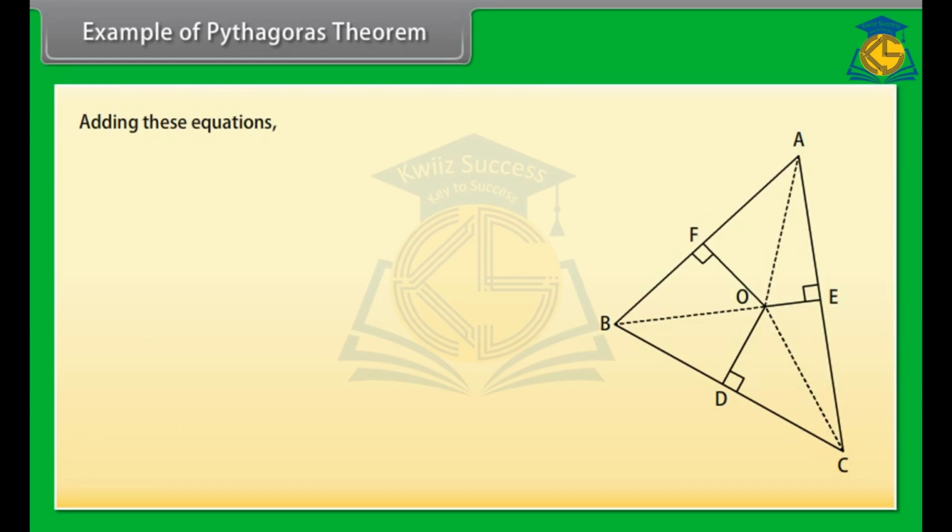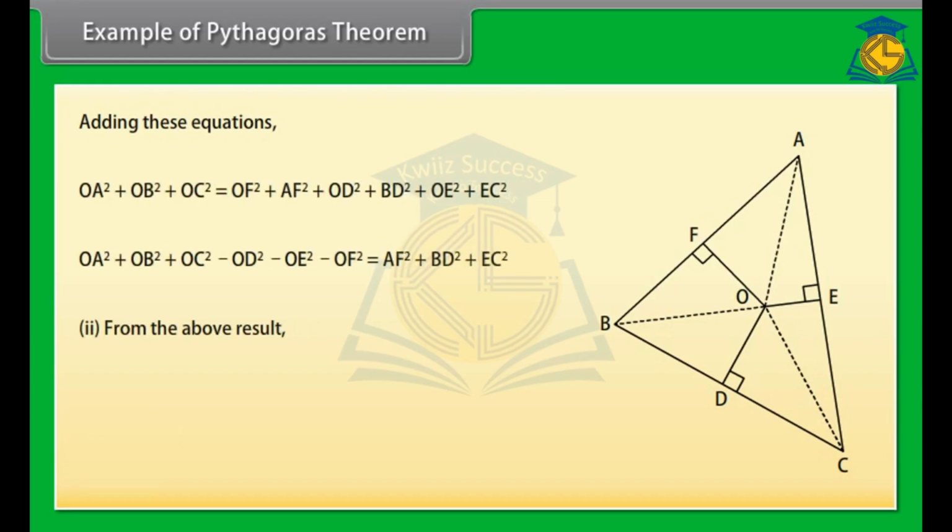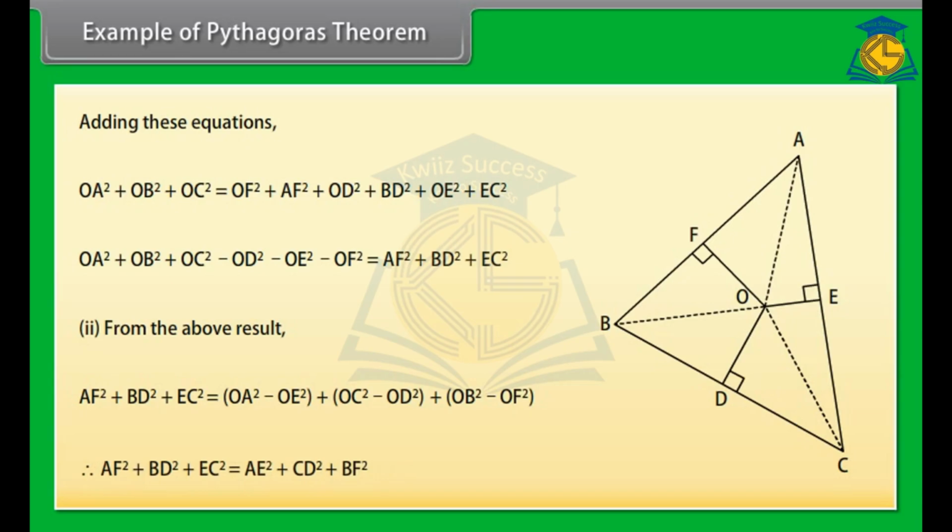Now, by adding these equations, we get result 1. From the above result, AF square plus BD square plus EC square equals OA square minus OE square plus OC square minus OD square plus OB square minus OF square. Therefore, AF square plus BD square plus EC square is equal to AE square plus CD square plus BF square.